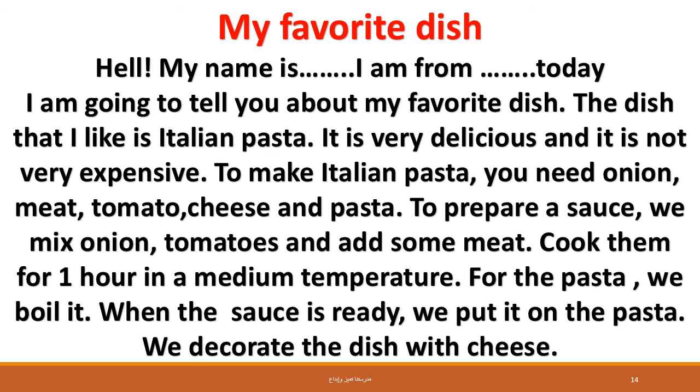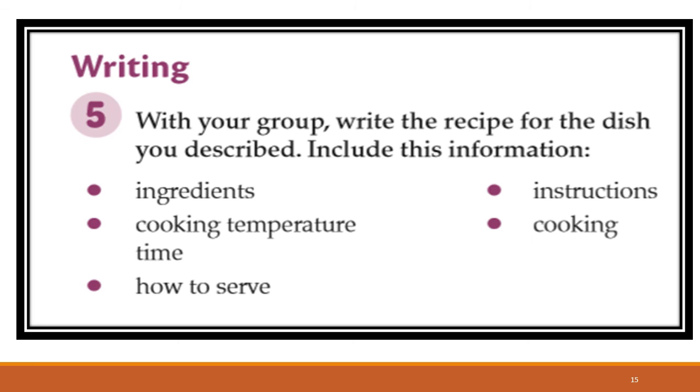I need you now, this is your homework, to choose another dish, your favorite dish, and write a short paragraph like that about your favorite dish. You can write about the ingredients, cooking temperature, time, how to serve this one, how can you cook it, the instructions, the same that I did now.